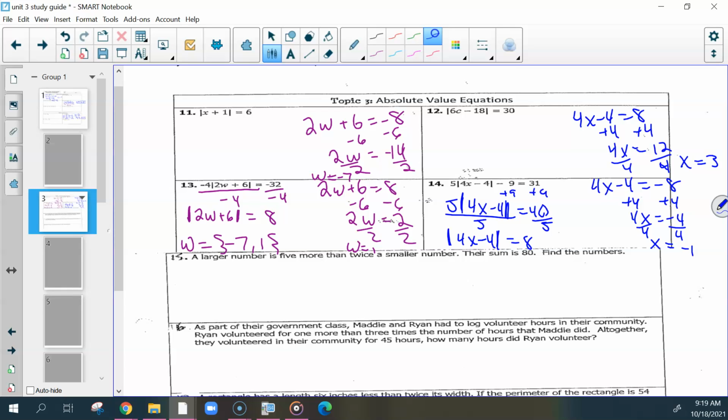Writing them as a solution set least to greatest, that would be x equals -1, 3. Questions on either of those two?